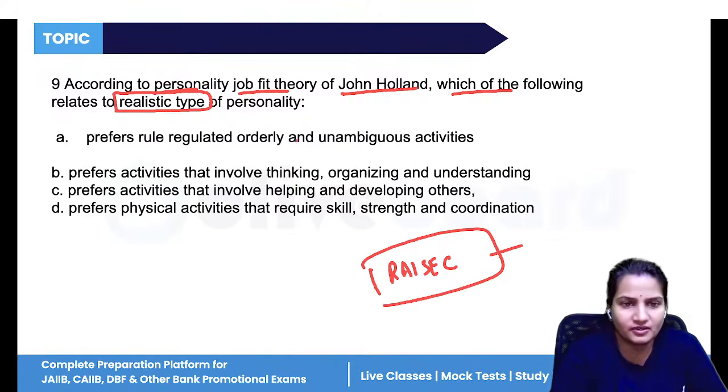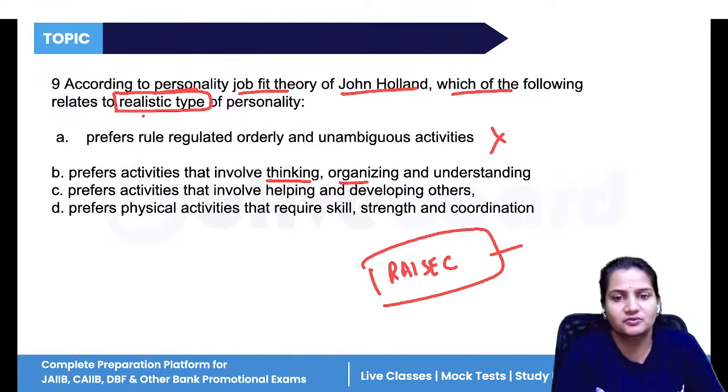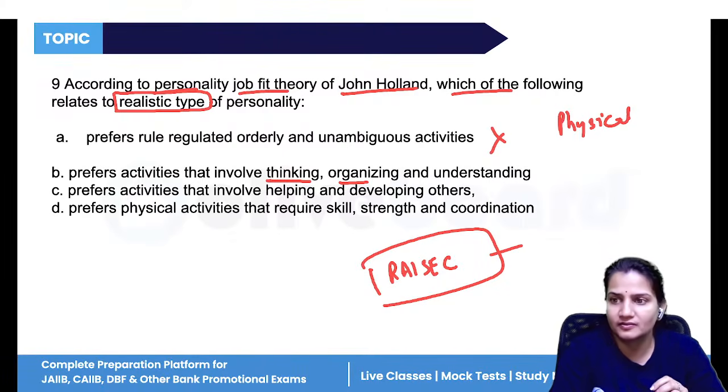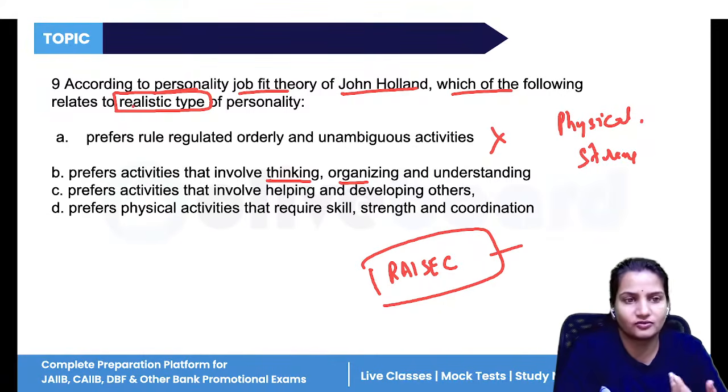It prefers rule-regulated, orderly work. Realistic type of personality means you have a high level of skill and strength. You can do work where physical strength is required. So that is a sort of realistic type.